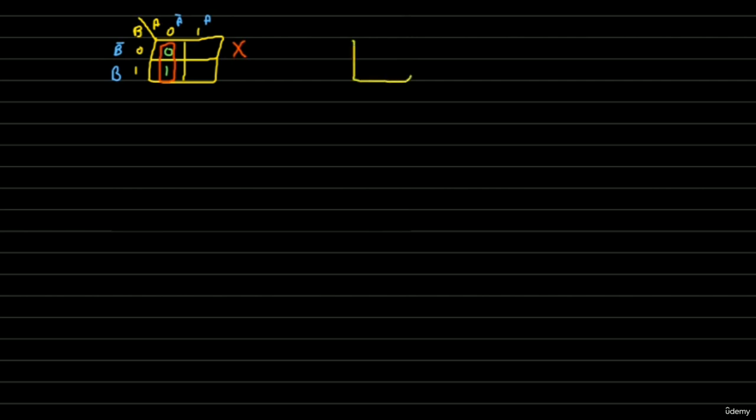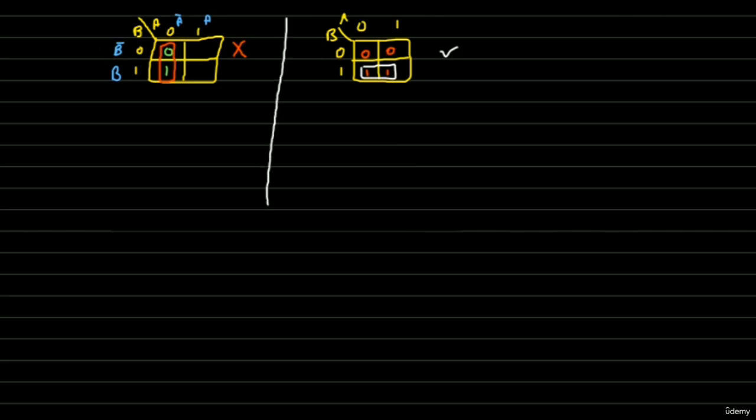Let's make it quickly again. So this is 0, 1, 0, 1, A and B. So the right way can be if there is 0, 0 and 1, 1 and we group them like this. So this is the correct way of grouping.